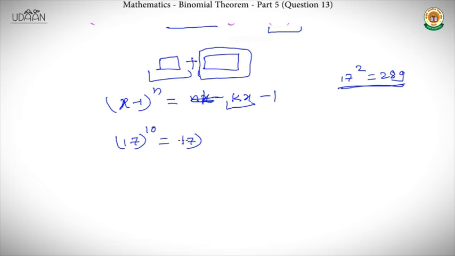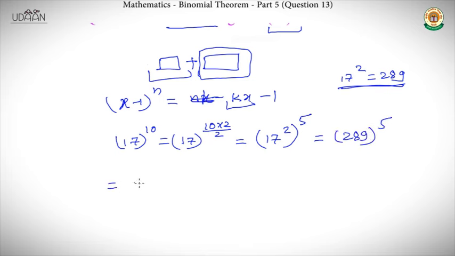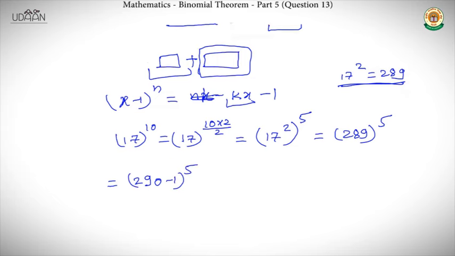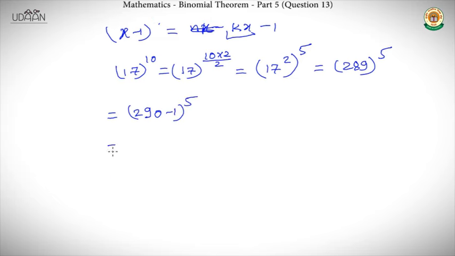So 17 into 10 into 2 by 2. This is equal to 17 whole square whole raised to 5, which is 289 whole raised to 5. And this gives us 290 minus 1 whole raised to 5. So now this question is becoming simpler.